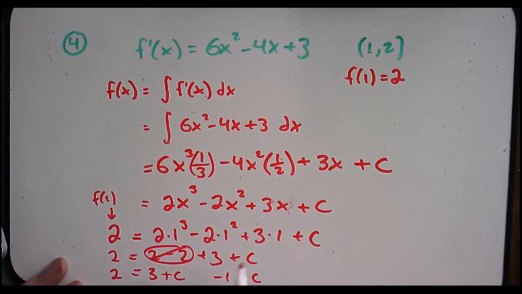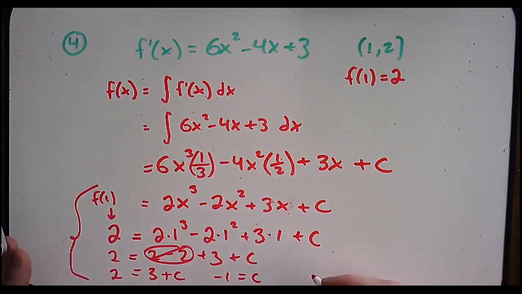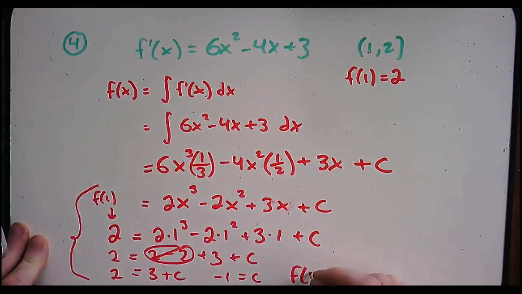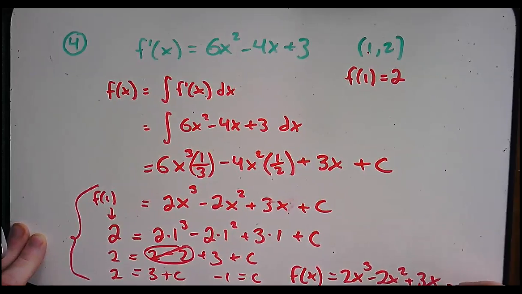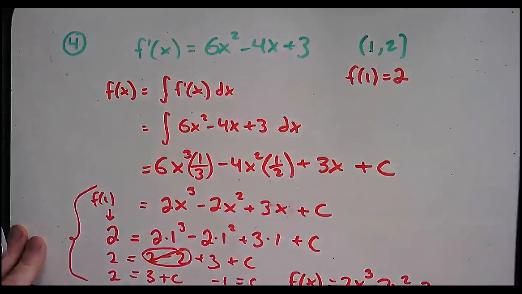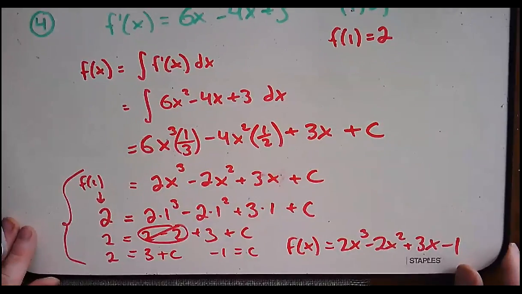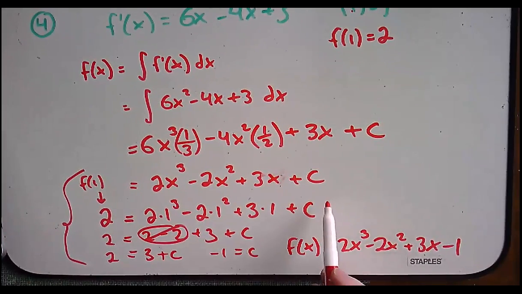Right? So this is all solving our initial value so that we could come up with our final answer for f of x. So our final answer then, f of x equals 2x cubed minus 2x squared plus 3x minus 1. All right, so to finish the problem there, I've just replaced my constant c with negative 1.